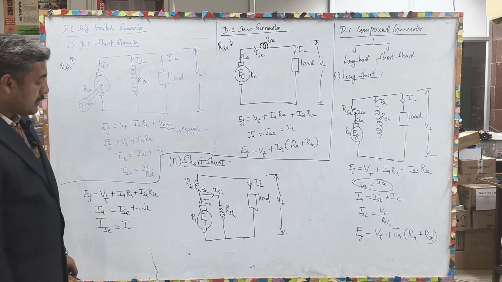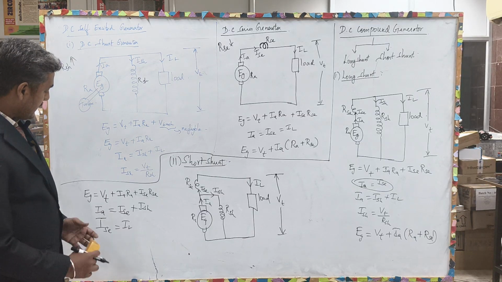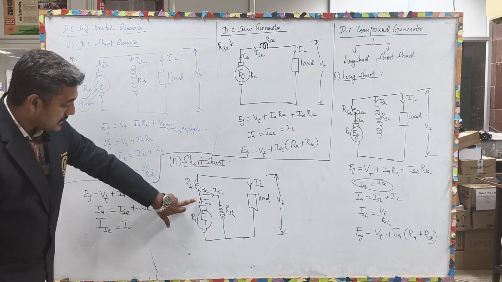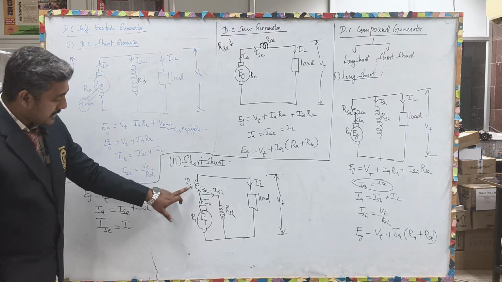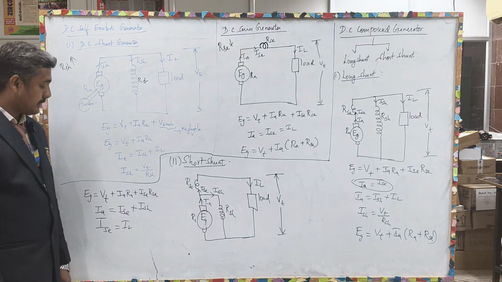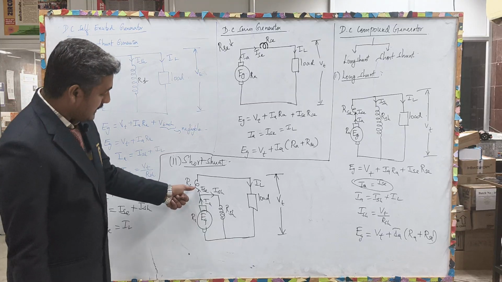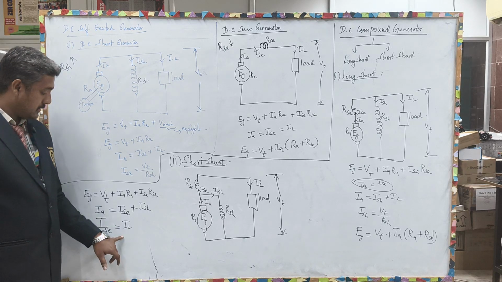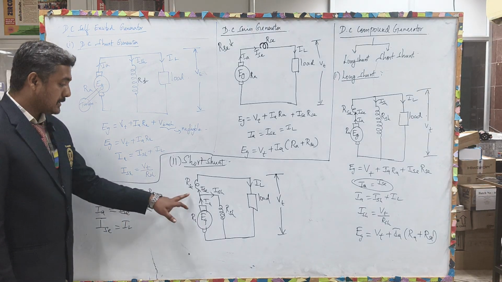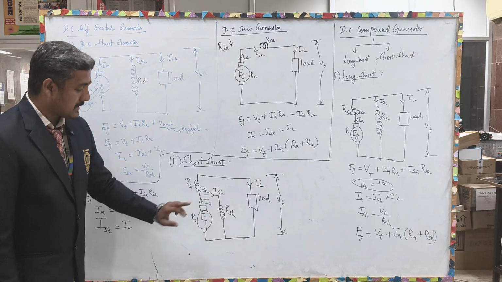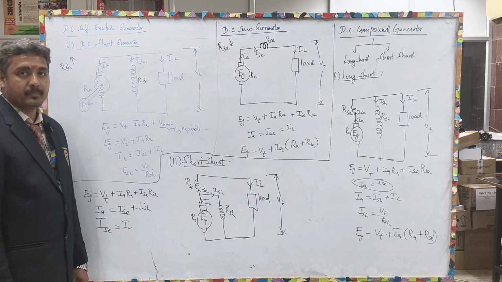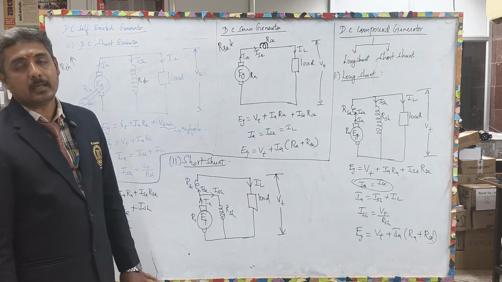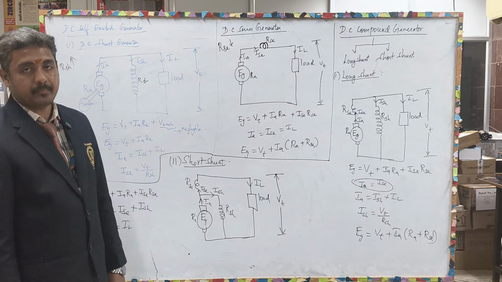Here we can see that Eg equal to terminal voltage plus the drop Ia into Ra plus the drop Ise into Rse, where Ise and IL are in series. That is why I am taking Ise equal to IL, and then Ia is equal to Ise plus Ish by using KCL. Okay. This is all about the electrical equations of DC generators.